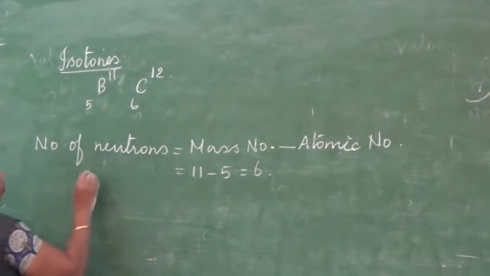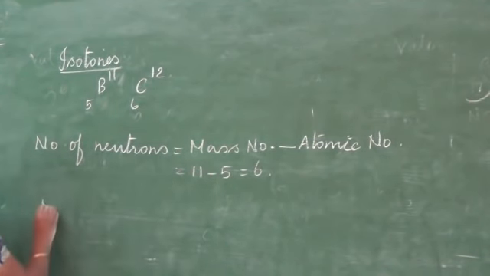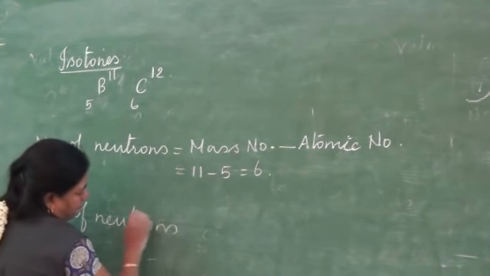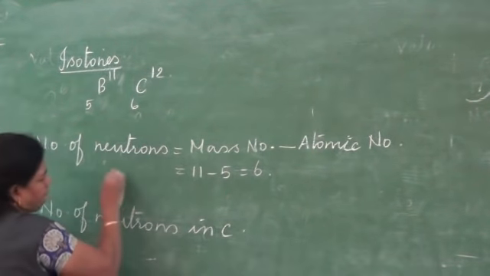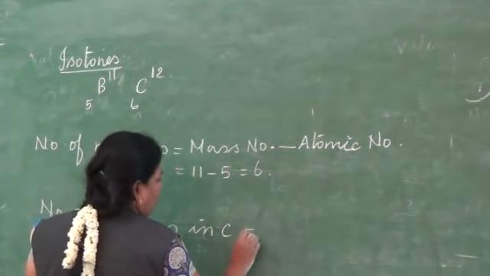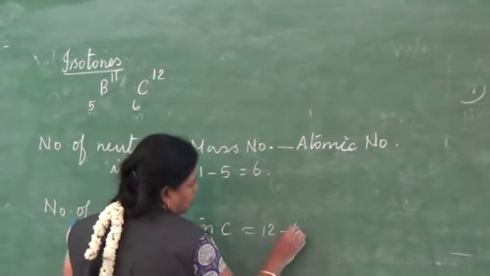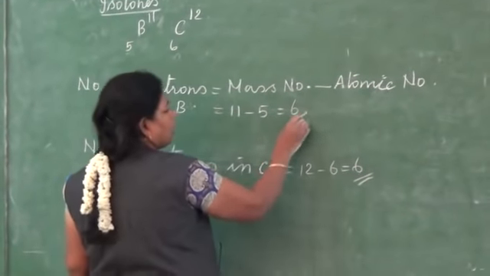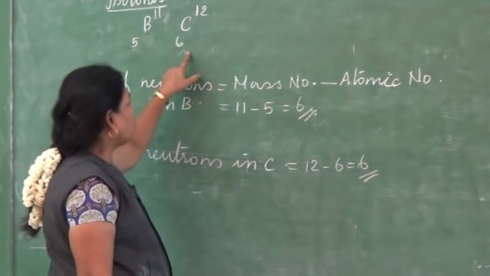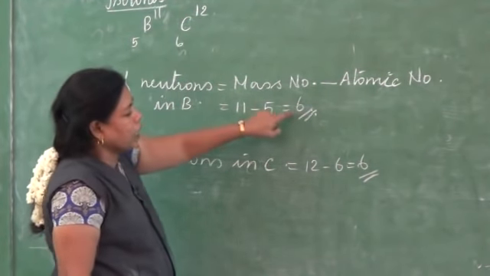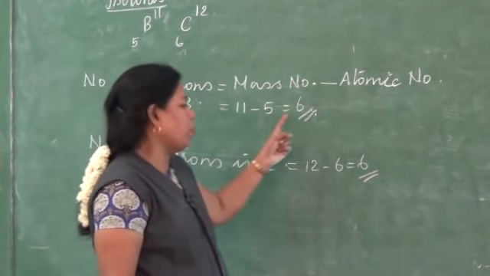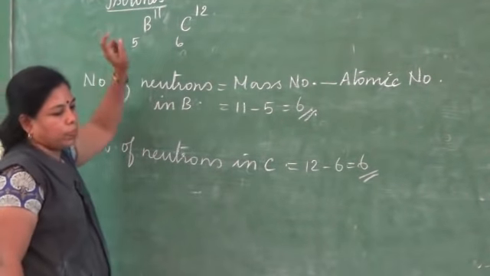And for carbon, 12 minus 6, we get 6. So look at the number of neutrons. Atoms of different elements having different atomic numbers and different mass numbers, but the same number of neutrons. So atoms of different elements having the same number of neutrons are called isotones.